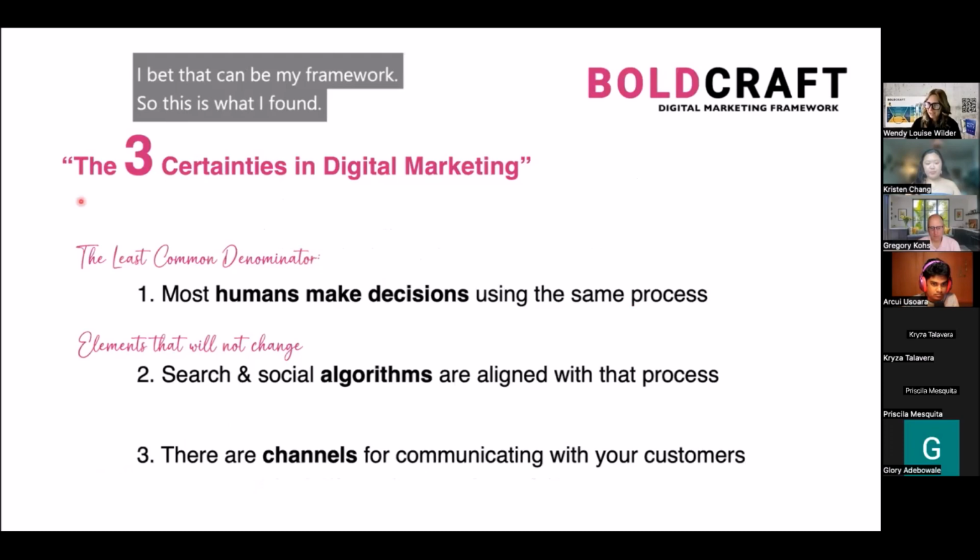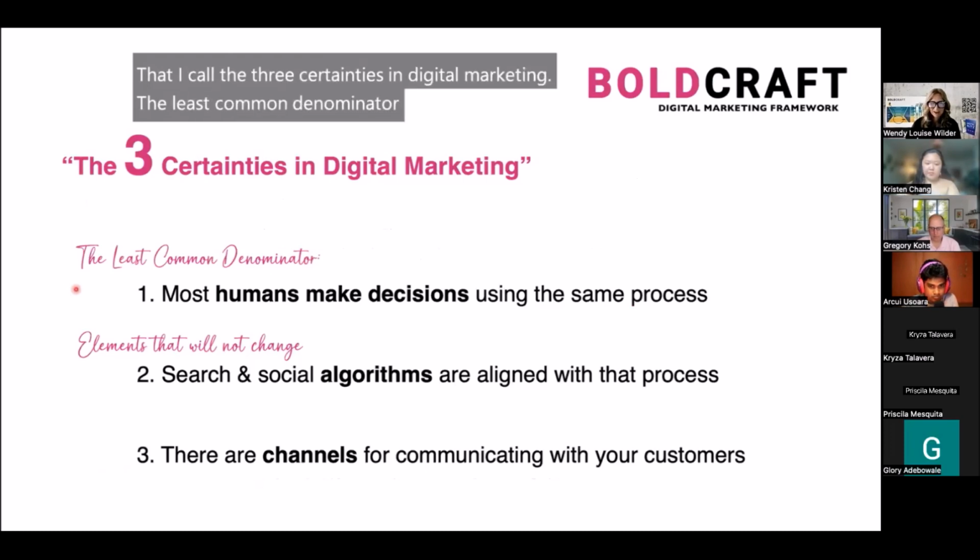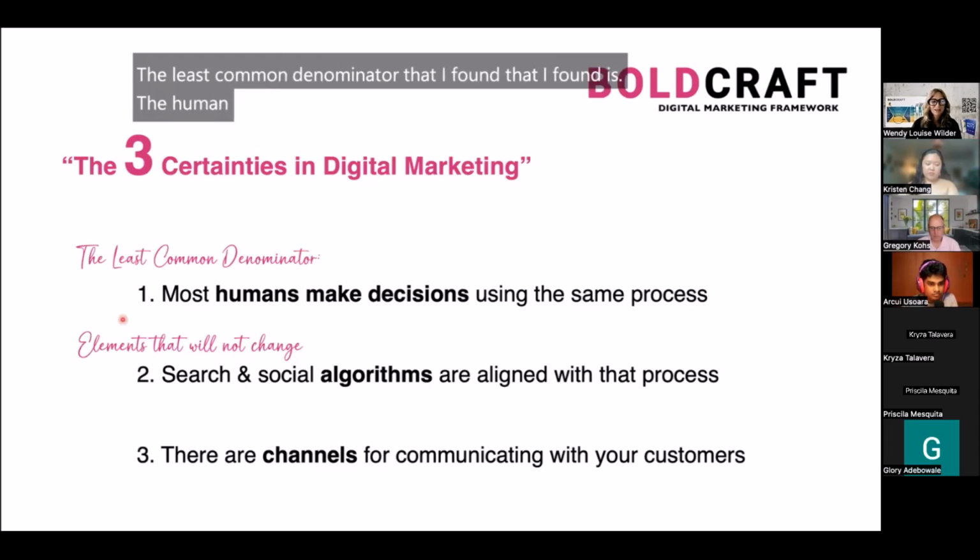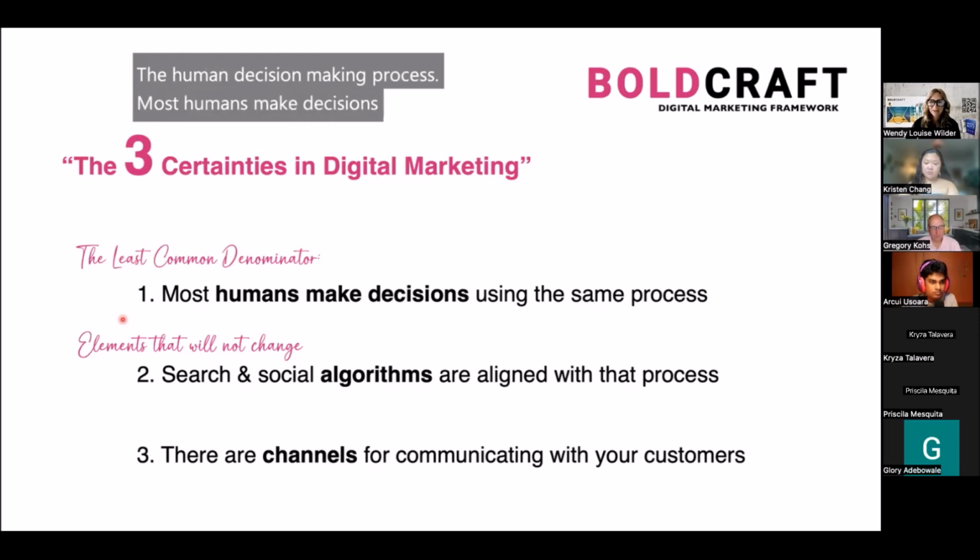There are 3 elements that I call the 3 certainties in digital marketing. The least common denominator that I found is the human decision-making process. Most humans make decisions using the same process we have for hundreds of thousands of years.